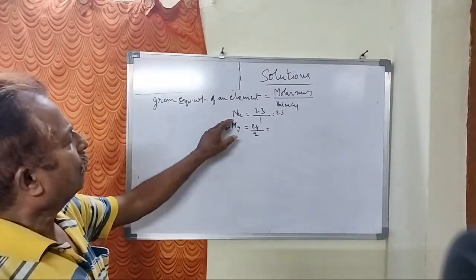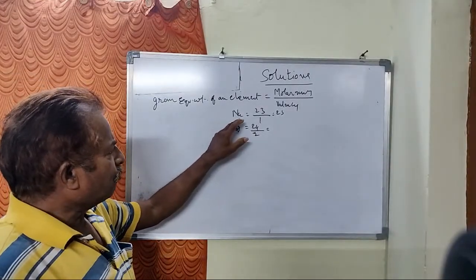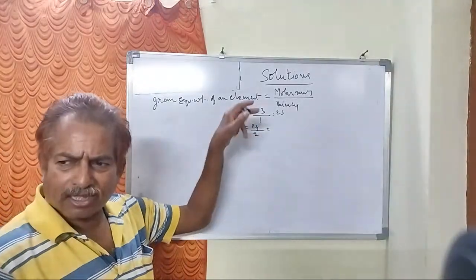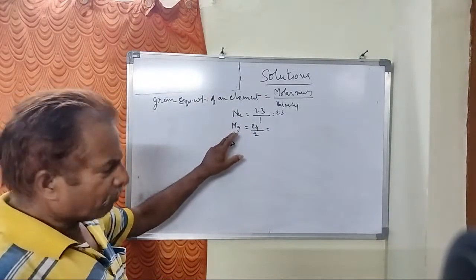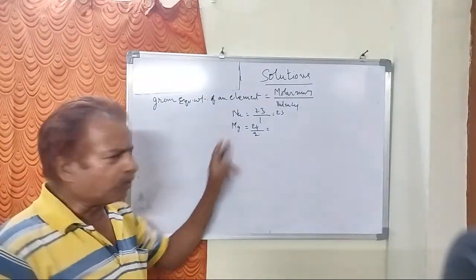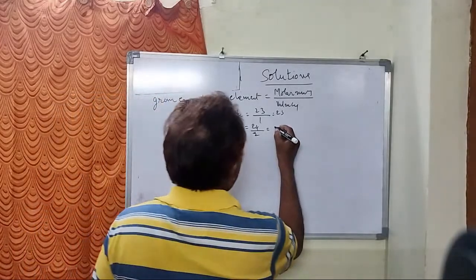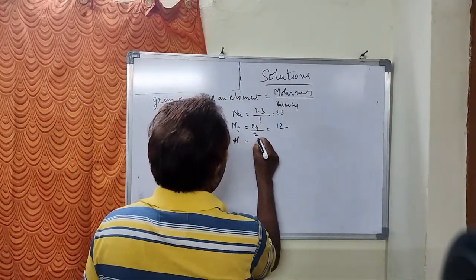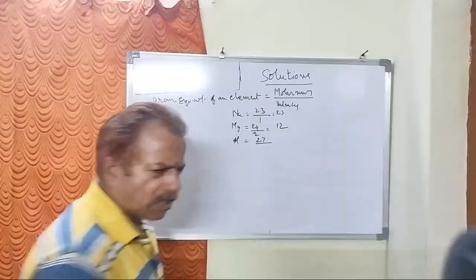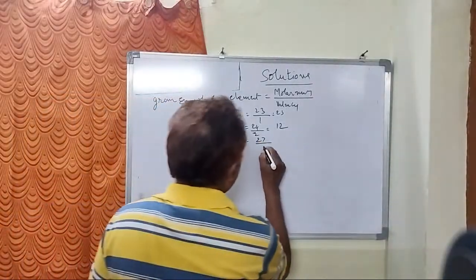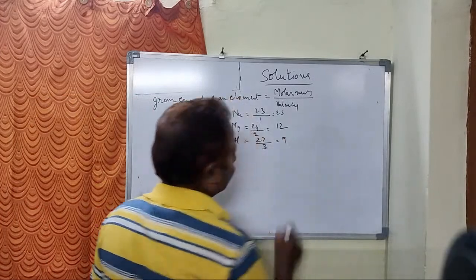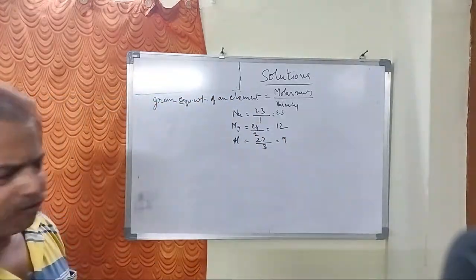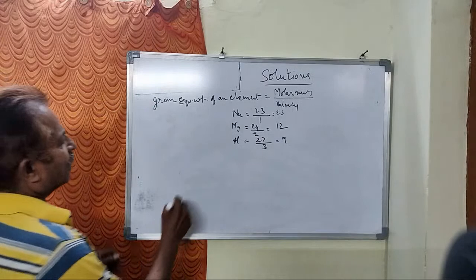So gram equivalent weight of first group elements is always their molar mass. Magnesium belongs to the second group. So gram equivalent weight of magnesium is 12. Similarly, gram equivalent weight of aluminum. Aluminum molar mass is 27 and valency 3. Therefore, it is 9. So this is the gram equivalent weight of elements.